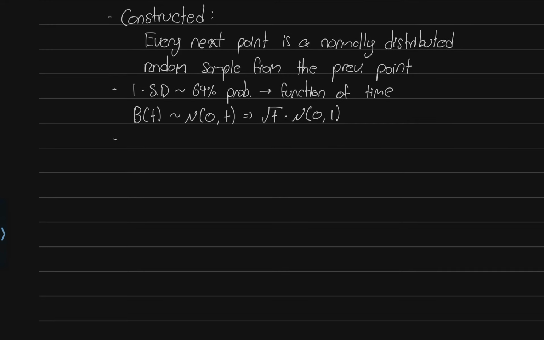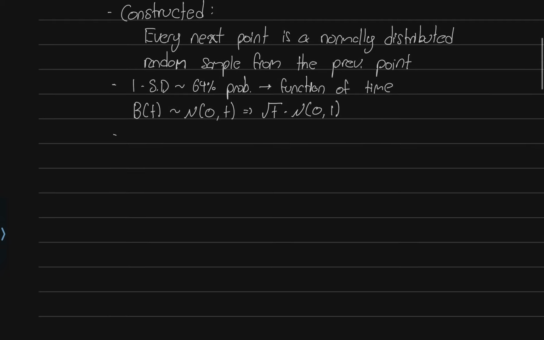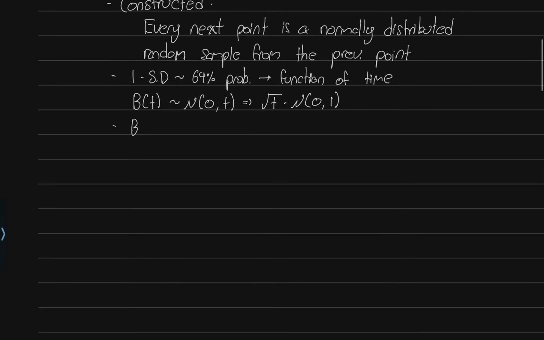And something else that we concluded is B of t is continuous on 0 to t, and B of t is given such that dB of dt does not exist on the same interval 0 to t.